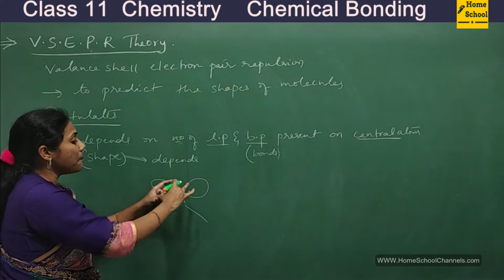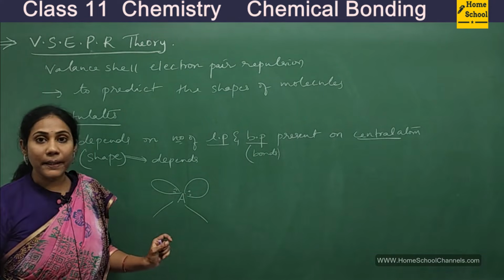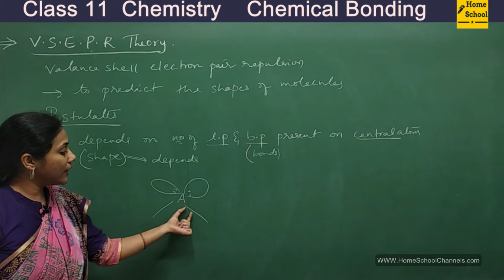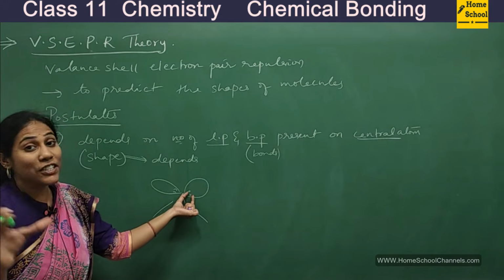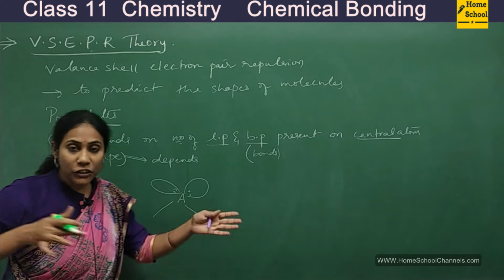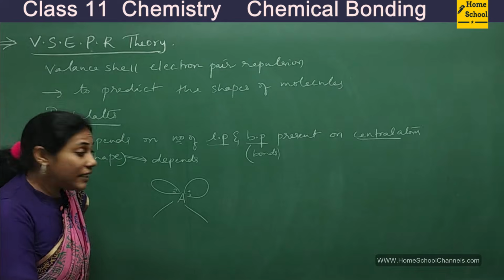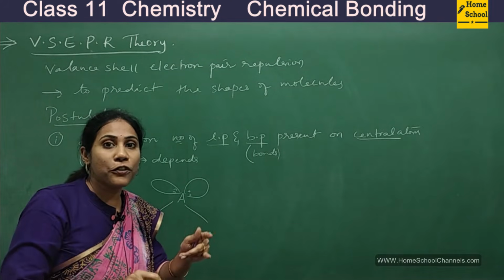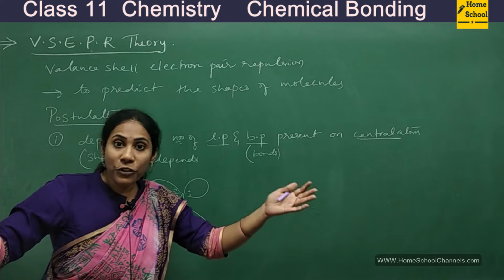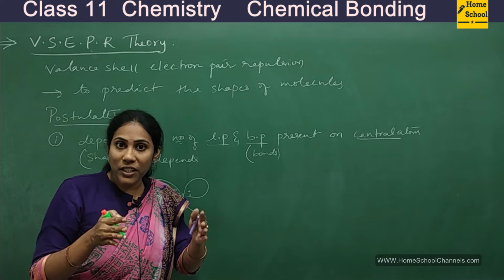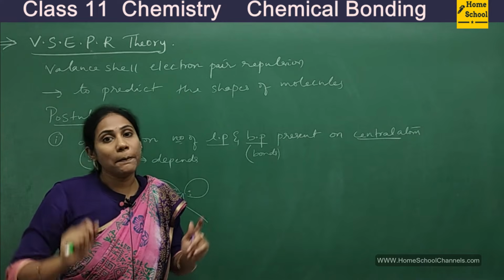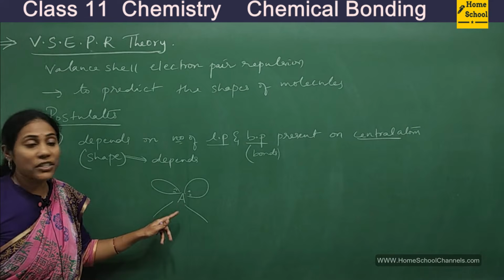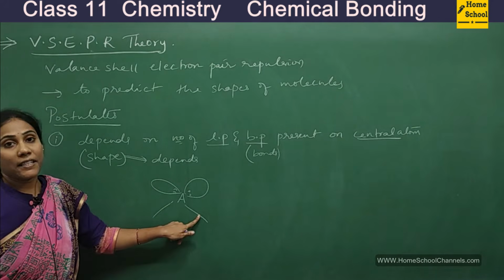You will always observe a kind of repulsion between them, because this is a pair of electrons, this is a pair of electrons, even this is a pair of electrons and this is also a pair of electrons. So when electrons are near to each other, what happens? You will observe negative forces like repulsion. Two negative charges, when they come close to each other, always repel. So you will observe such repulsions between these electron pairs.